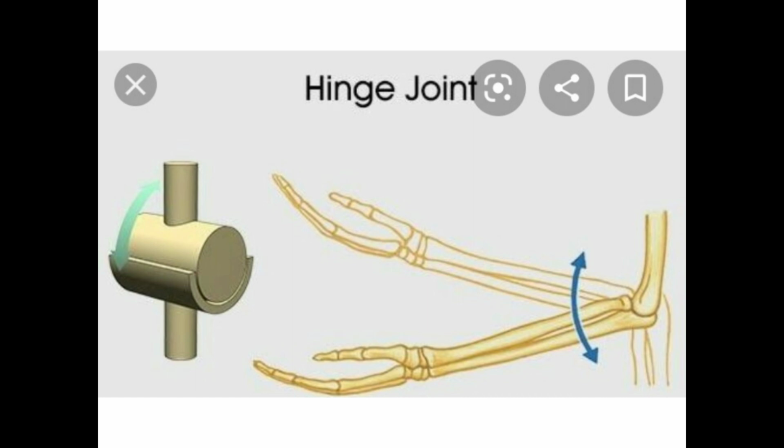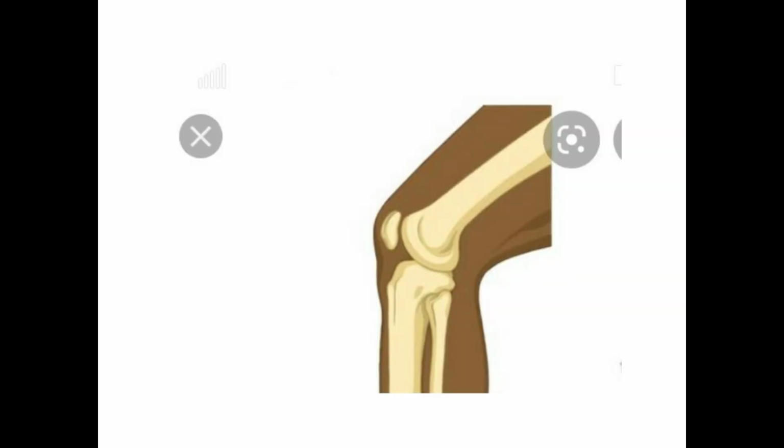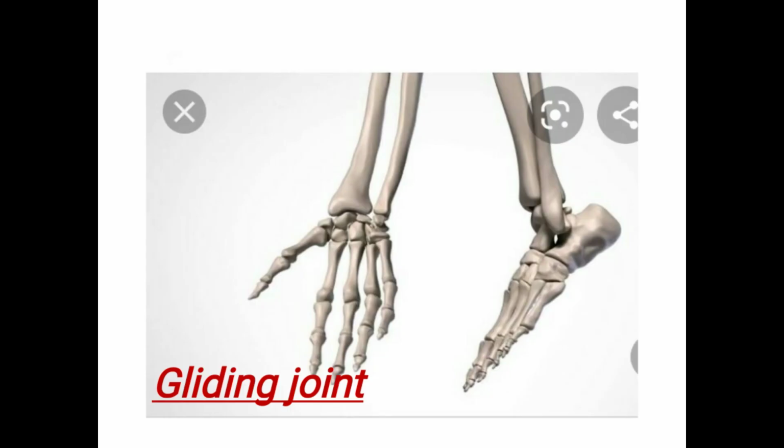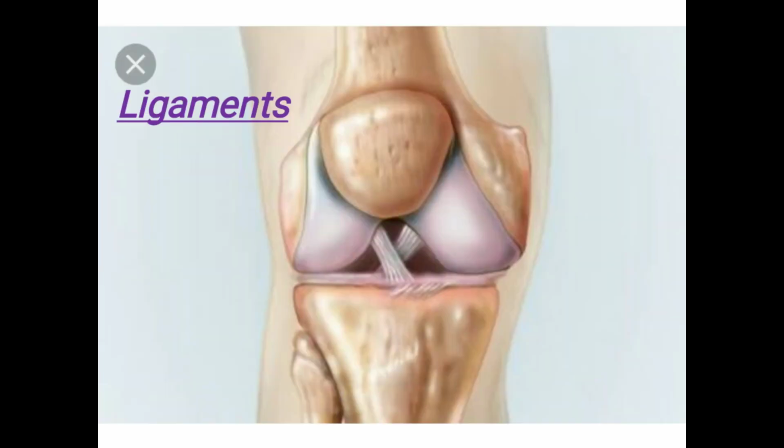This is a joint between two bones that allows movement of bones only in a single direction. For example, the elbow and knee joints. Gliding joint. In this type of joint, one bone slides over another. It allows side to side and backward and forward movement. For example, the joints in the wrist, ankle, and backbone.